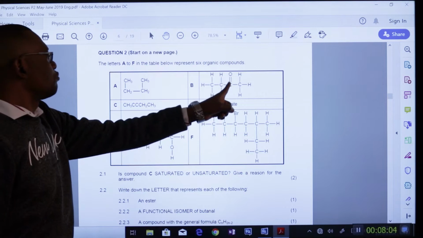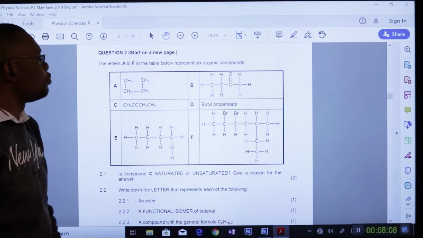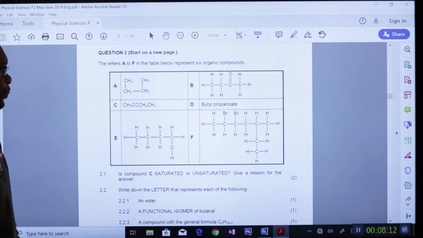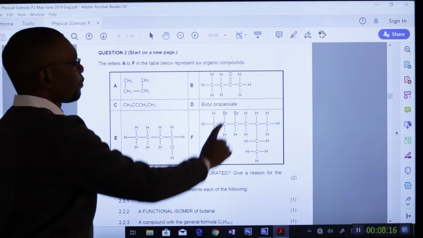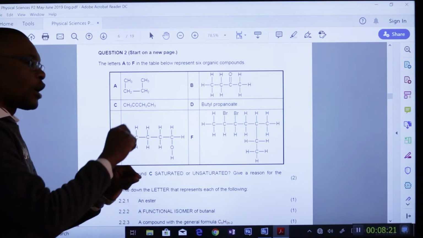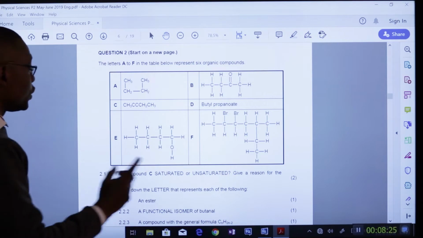If you look at this one, this is an aldehyde, but D, which is butyl propanoate, is an ester because it has got a carbon-oxygen-carbon bond.